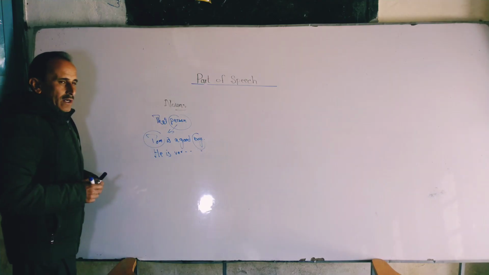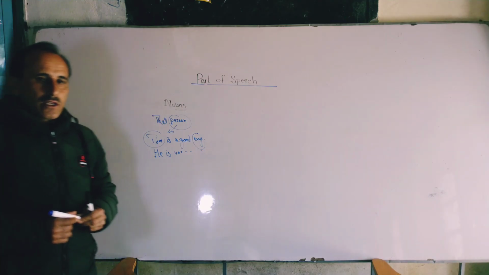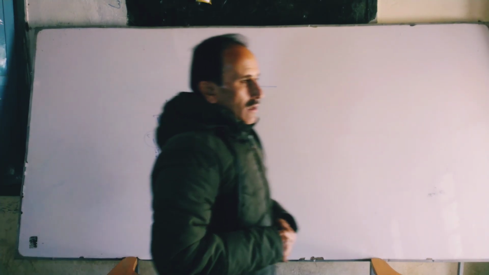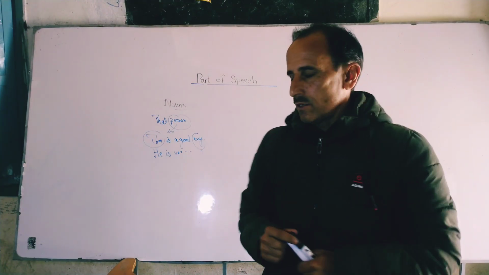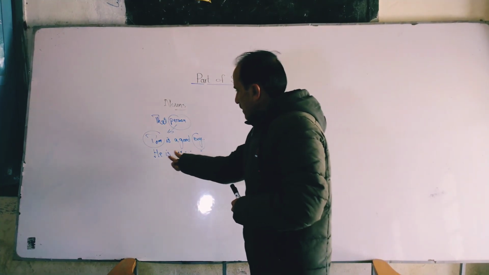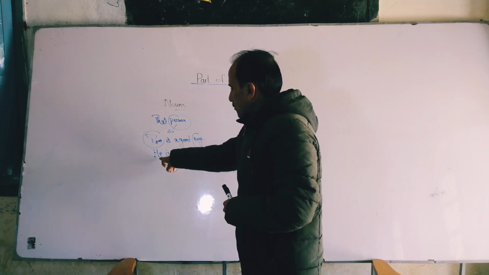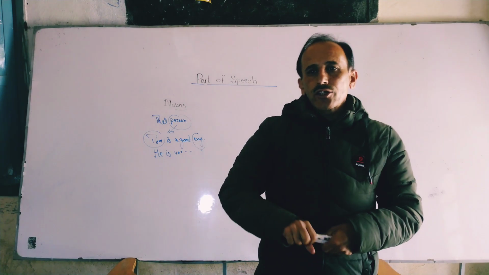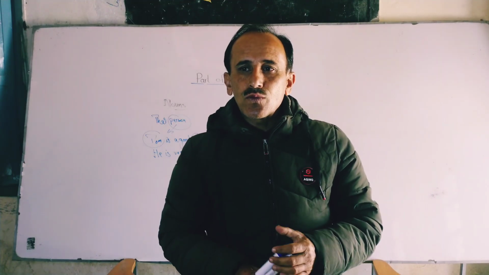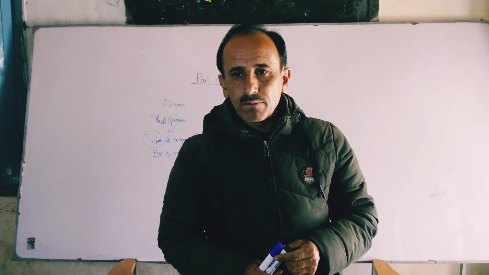He gets up early in the morning. He learns everything very well. Now when we use he in place of Tom, this is a pronoun. It makes speaking faster and smoother.